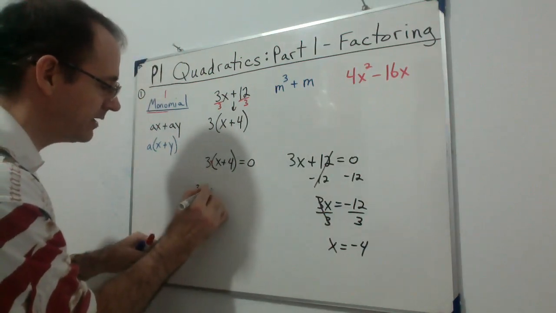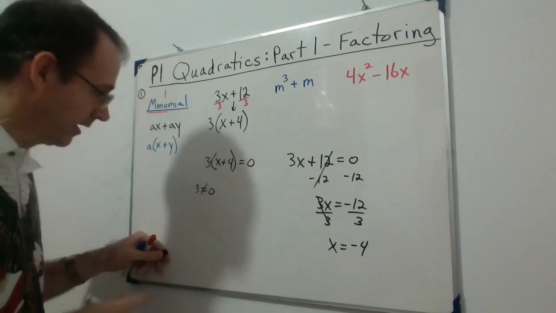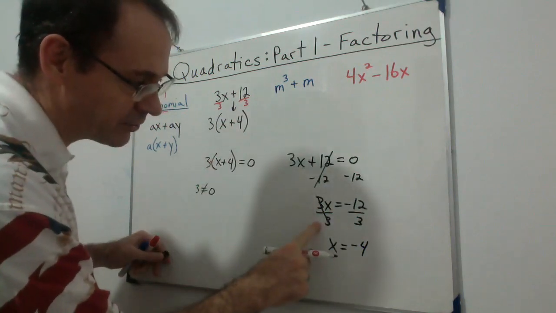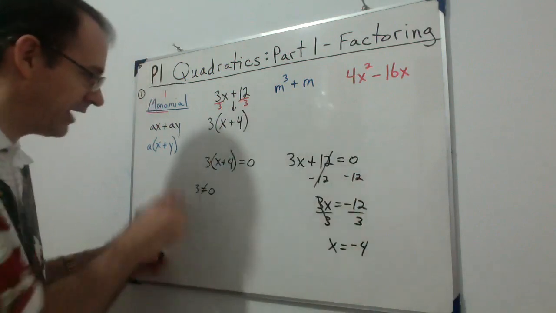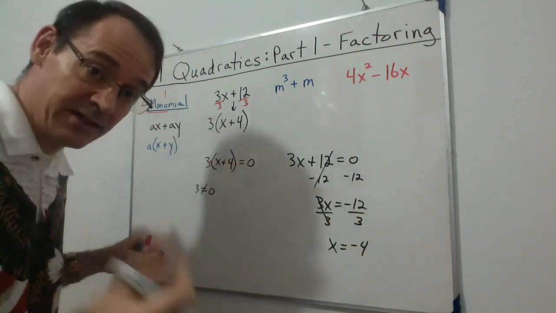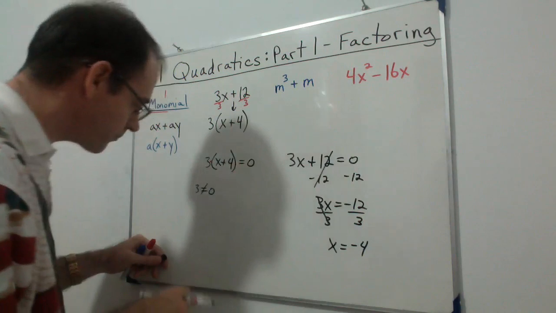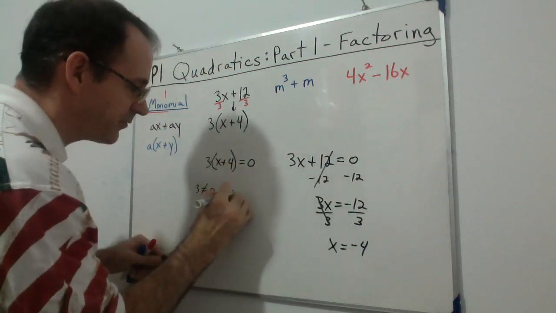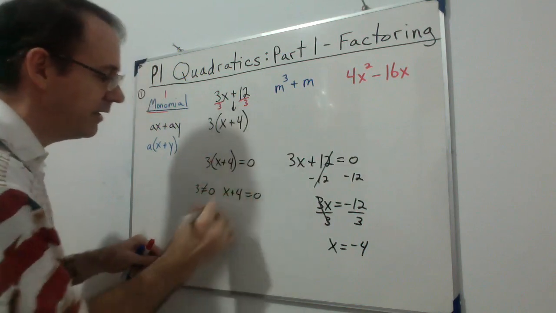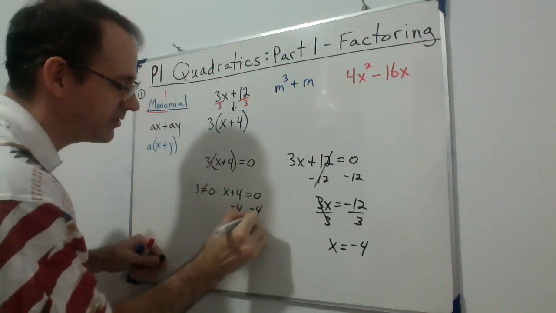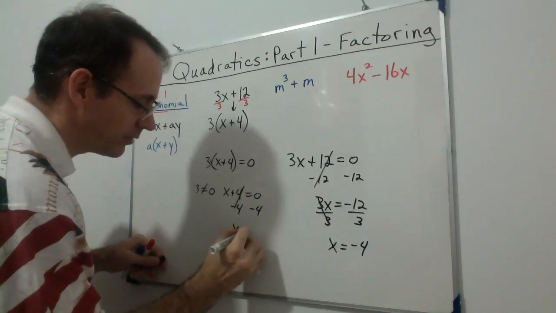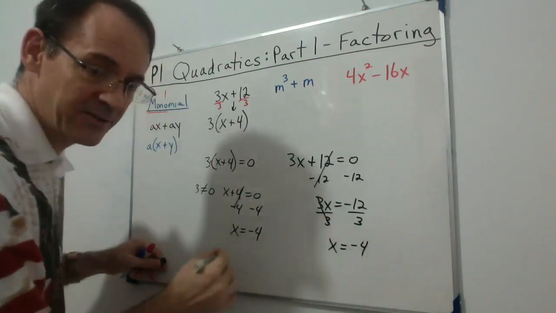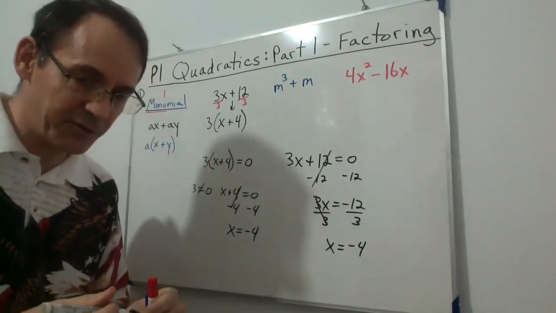Well, obviously that can't equal 0. And you see over here, your factor of 3 got divided to the other side. If you divide the 3 to the other side, it disappears into the 0. So the factor of 3 cannot be 0. Then that means your x plus 4 has to be 0. And then when you solve for x this way, you still get x equals a negative 4. Same answer, but just a different method of doing it.